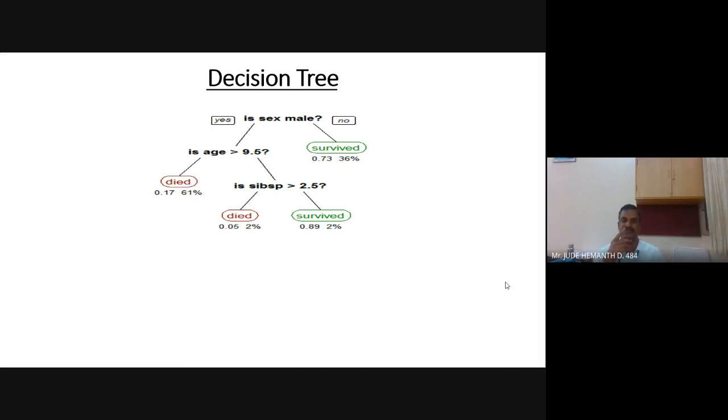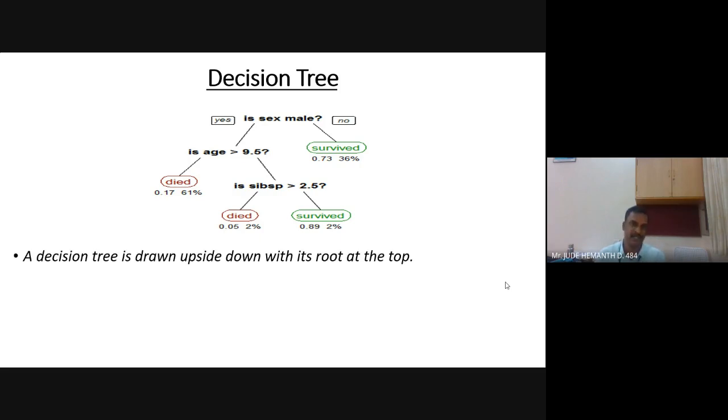With that data, we have framed a sample decision tree. The first feature we have asked is, is he a male or a female? A tree is there. From this feature, male or female, we are going to start the tree or grow the tree.